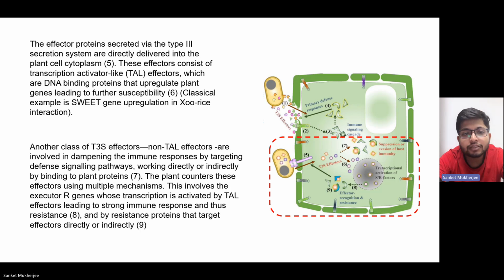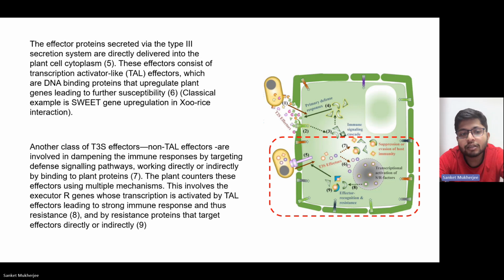Now, these effectors consist of transcription activator-like domains which induce transcription. These are DNA binding proteins that upregulate plant genes, which lead to further susceptibility. In the case of Xanthomonas-rice interaction, the classical example is the upregulation of the SWEET gene.